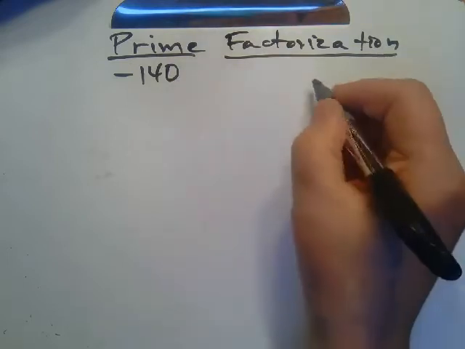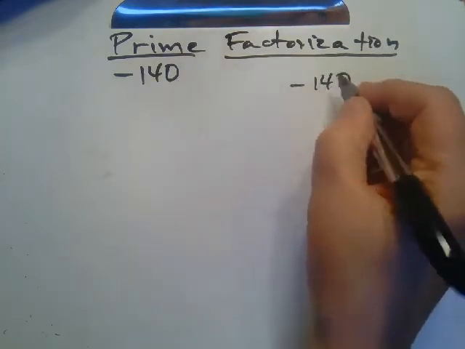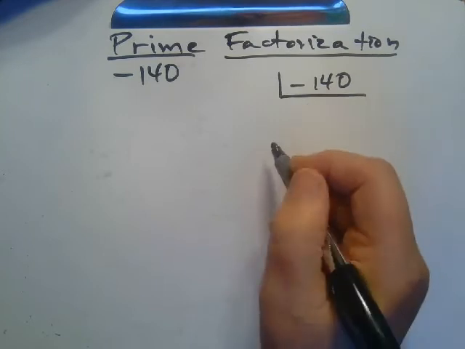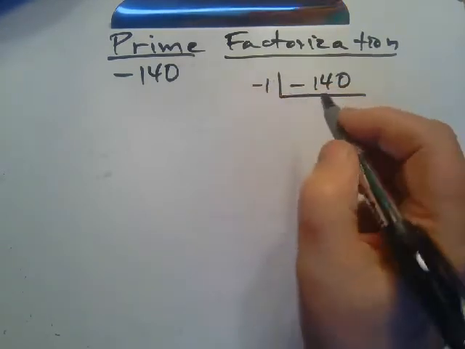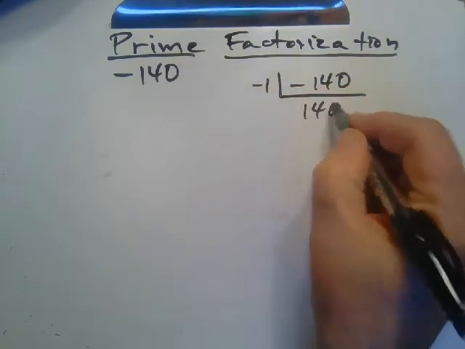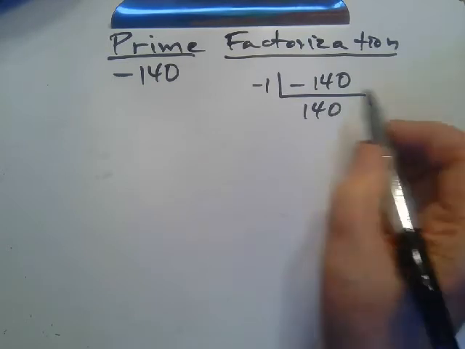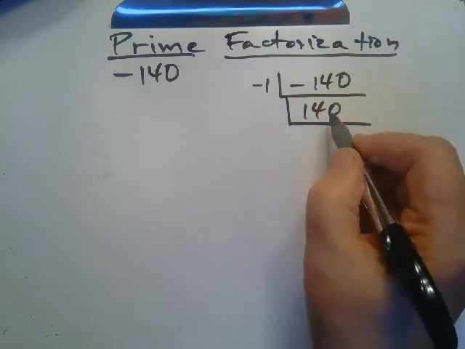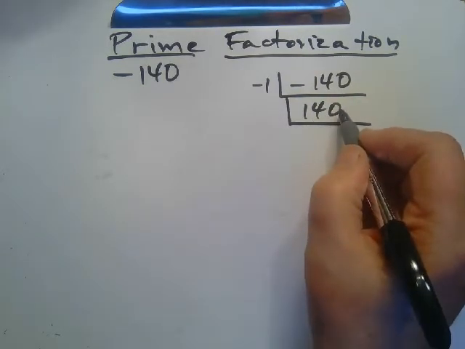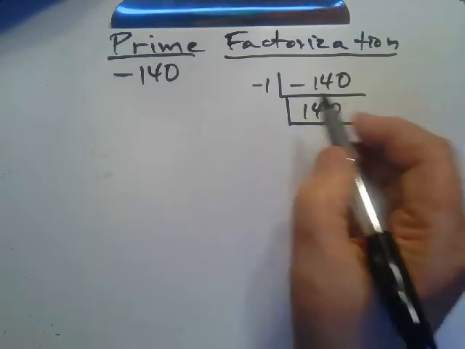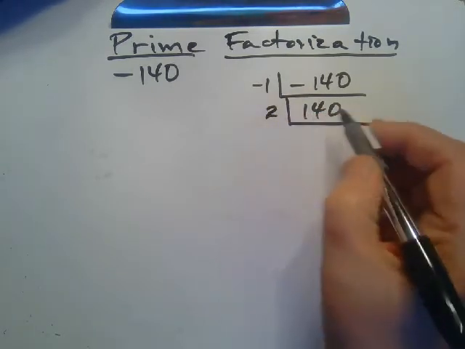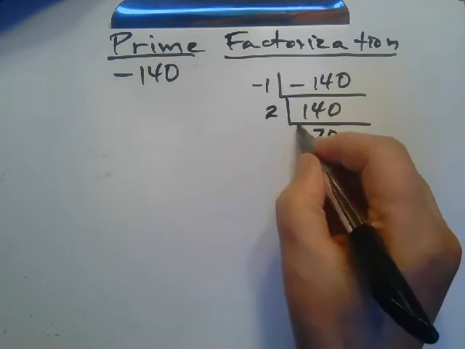Okay, so what I'm going to use is a technique called repeated division. Since this one's negative, I'm going to start with a -1 just to get that out of the way. -1 is one of my factors, and now I'm looking for a prime number, not 10, not 14, but a prime number. A good place to start here would be 2. 2 goes in 70.